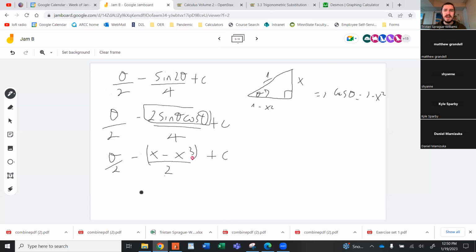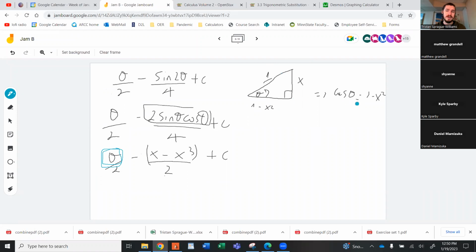We get this. Now, the one thing we're missing here is, what about this theta? What happens in this first term where we just got theta? We don't have a trig function of theta, so we can't use the reference triangle.